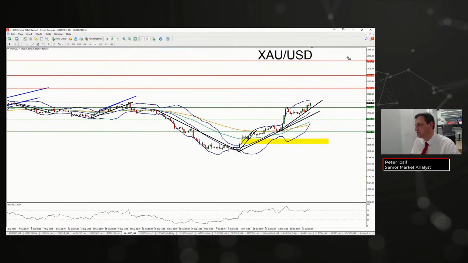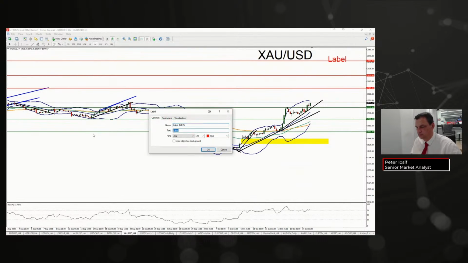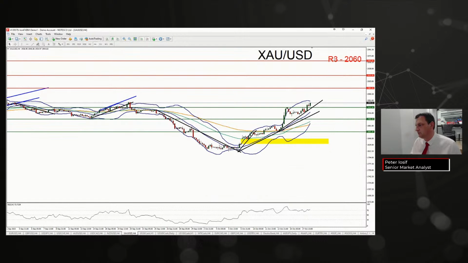Let's add some labels, starting with the R3. The R2, 2020.